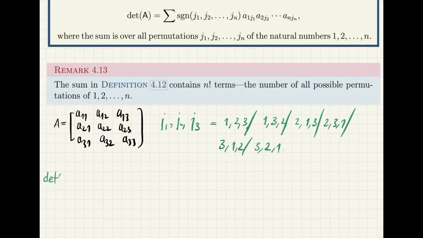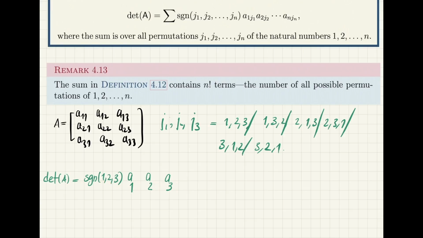So the determinant of A is equal to the sign of the first permutation, sign of 1, 2, 3. Then I will have a1, a2, a3, and I put this 1 here, this 2 here, and this 3 here.